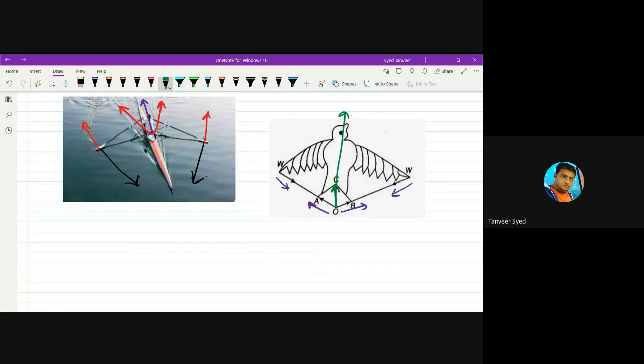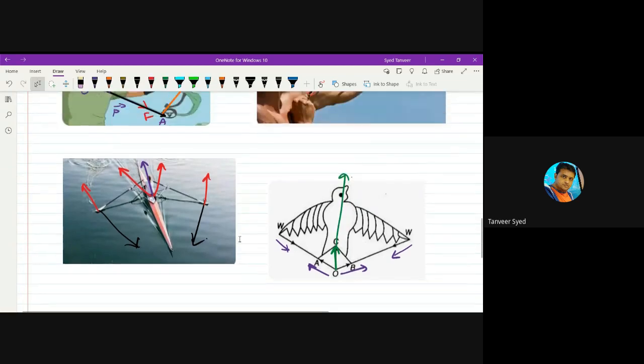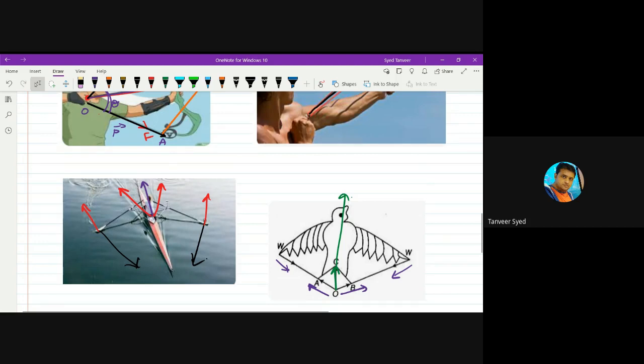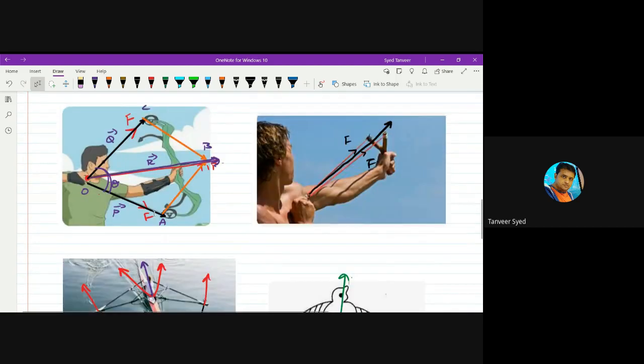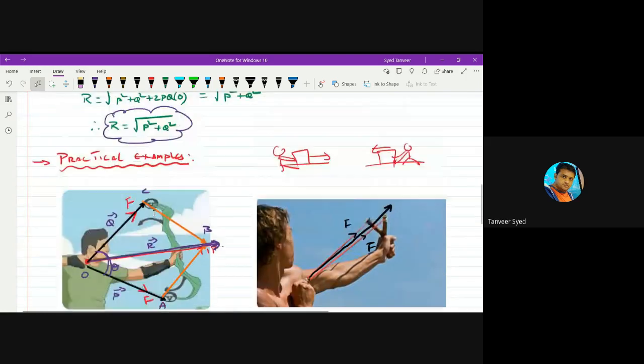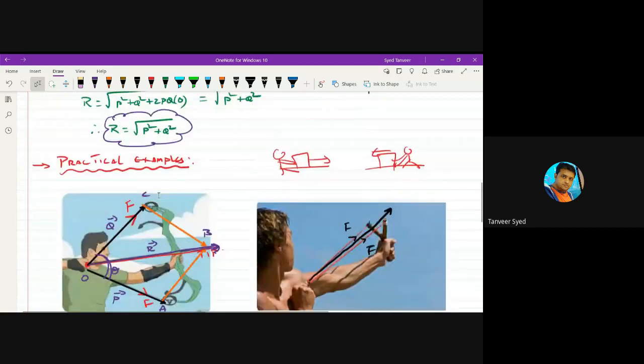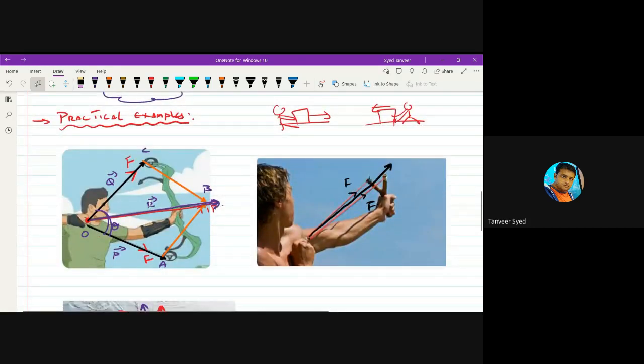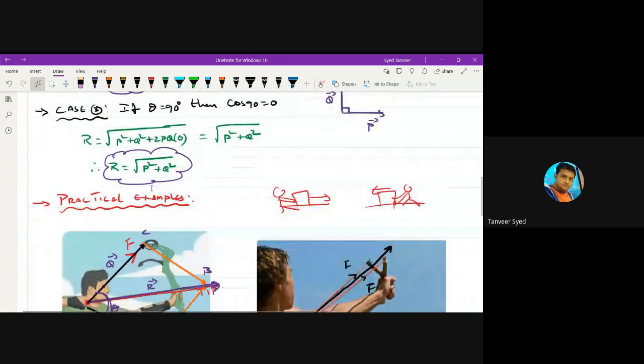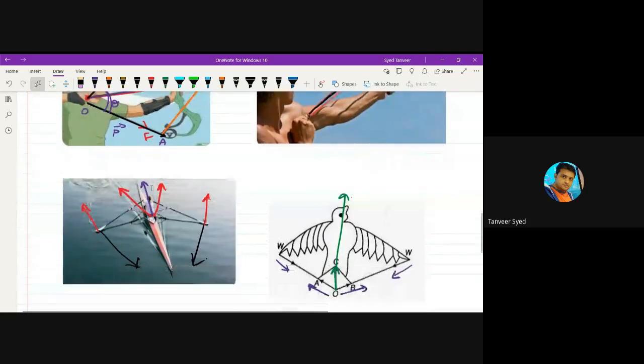So all these things that we see in our daily life are nothing but applications or examples of the parallelogram law, where two vectors acting simultaneously at a point give a resultant depending upon their magnitudes and their direction. Okay. Any questions?